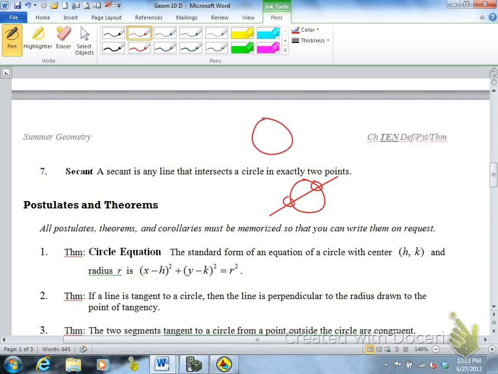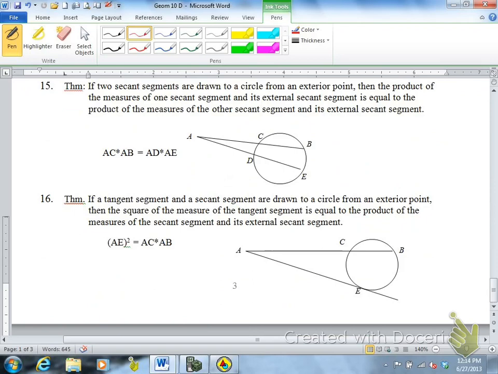Do you remember what it's called when you intersect a circle in exactly 1 point? Anybody? That's called a tangent. So you have a tangent line, and then you have a secant line. We're talking about secant lines on this theorem.